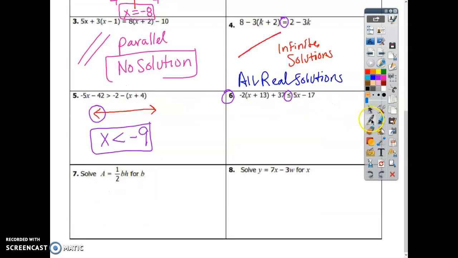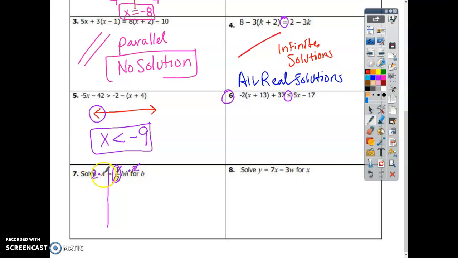Okay, so you should have finished number 6 by now. Number 7 is asking to solve for b. So b is multiplying by 1/2 and by h. How do I get rid of the 1/2? You're going to multiply by 2 because that's the reciprocal. The reciprocal is 2/1. So I'm going to multiply both sides by 2 so that it goes away.